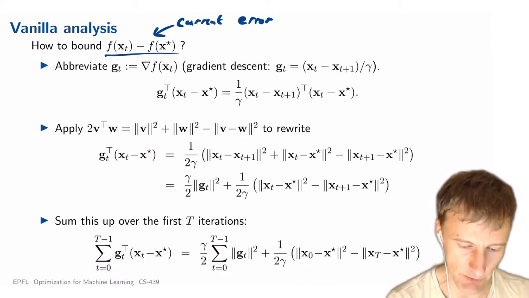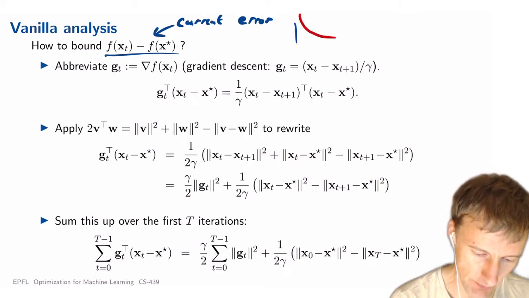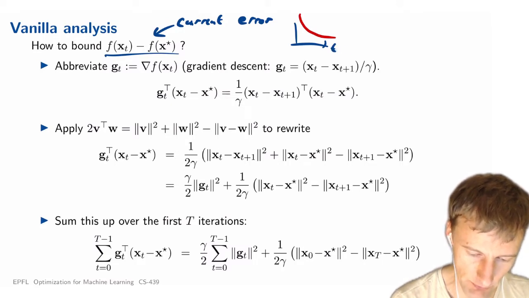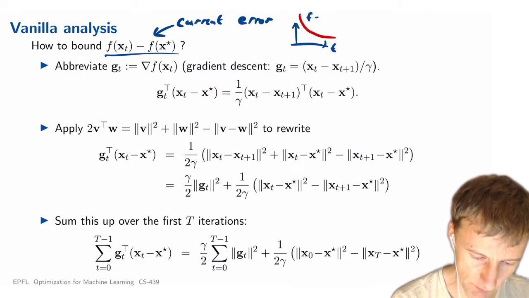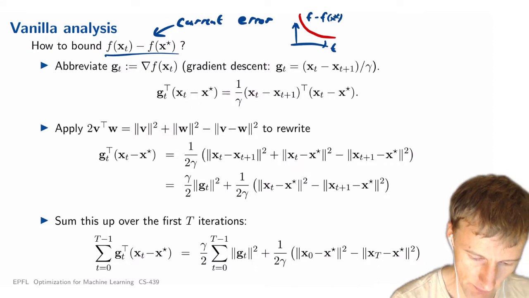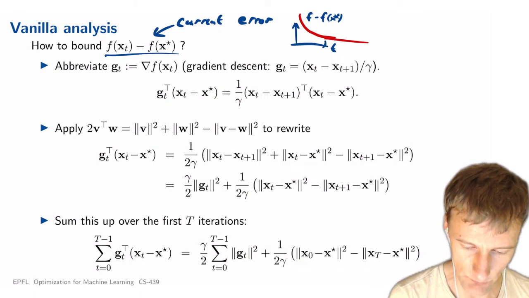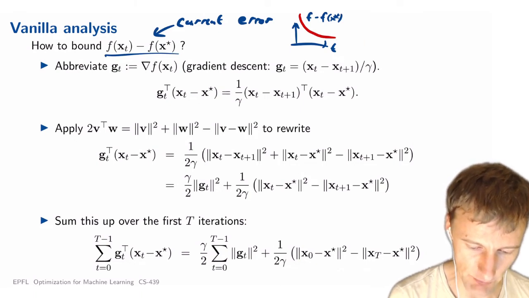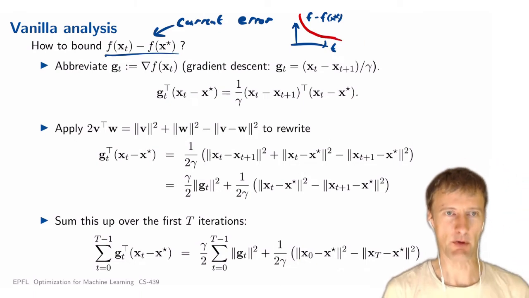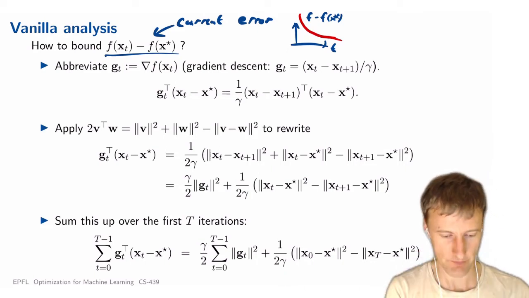Can I make this really, really small? You would like to have this error decrease over time. Time is called t, and here would be f of xt minus f of x star. So we want this to decrease as quickly as possible to go to 0 ideally, but it's maybe not going to be perfect. But we want to analyze how fast this goes in dependence of the time t.